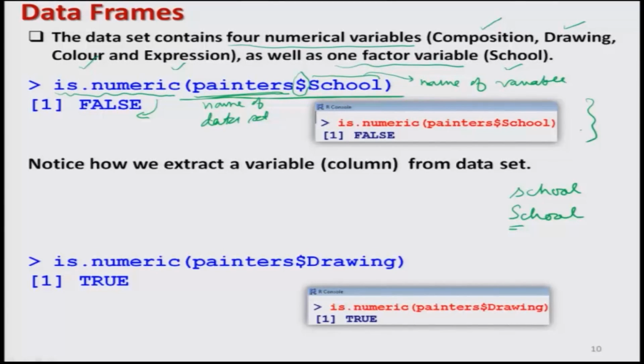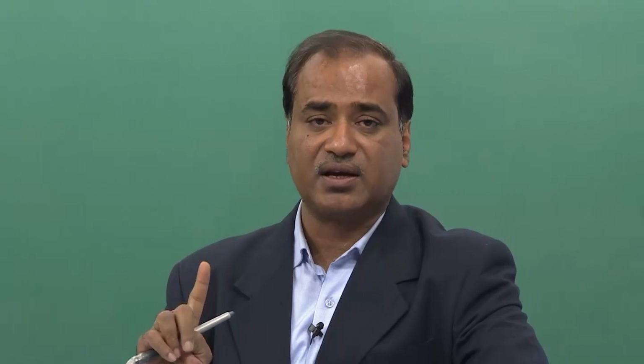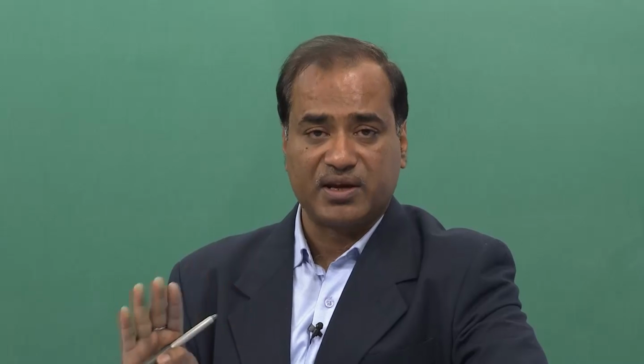And suppose I want to know about another variable, drawing, what is its nature. Again my objective is to extract the variable drawing from the data set painters. I need two pieces of information, one is the name of the data set and second is the name of the variable.